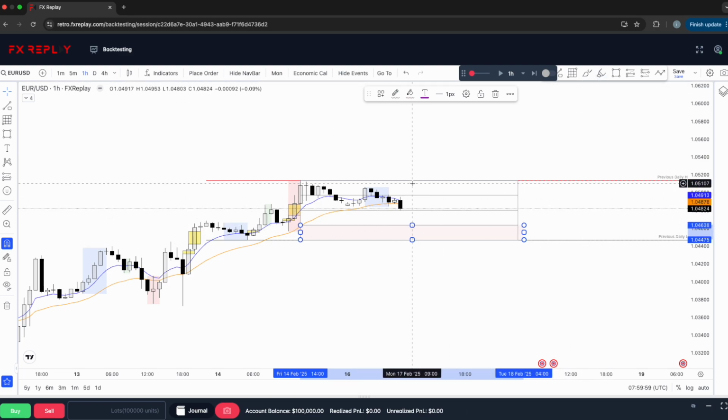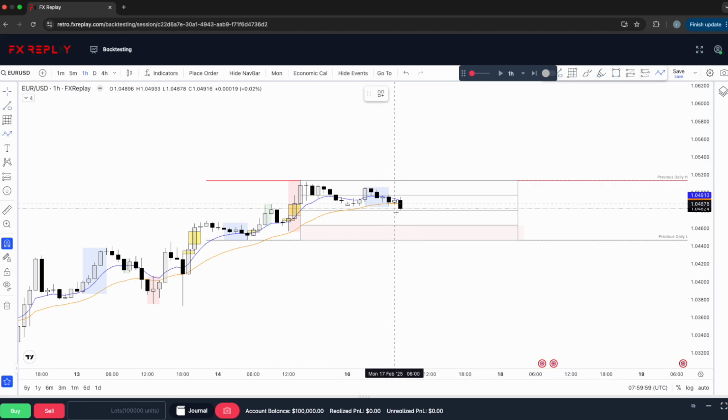So I'm expecting price to continue to take out this high and then continue to go down. As 8 o'clock hits, price is above the 50%. So price could essentially just come down, mitigate all of this, and then continue to go up. So let's see what happens.